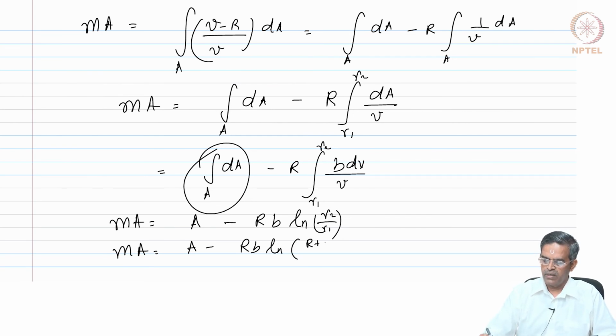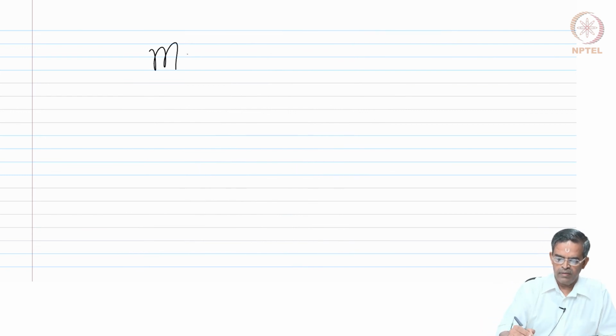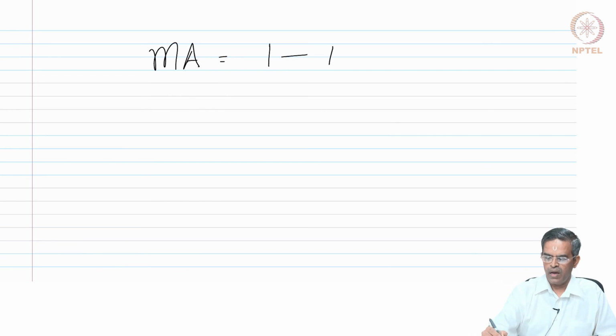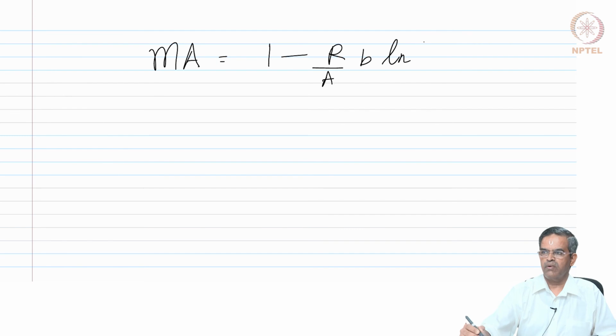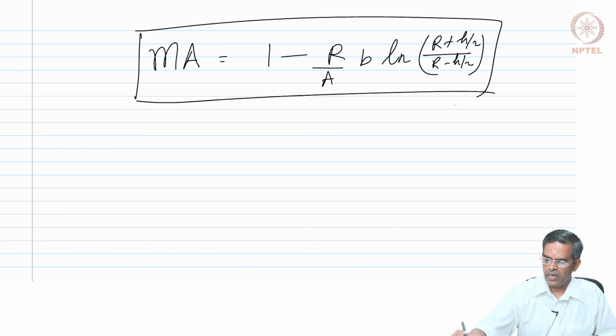It is R plus H by 2, and R1 is R minus H by 2. Can I say that? So now I can write MA for a rectangular section as 1 minus R by A times b times the natural logarithm of (R plus H by 2) by (R minus H by 2). This is for a rectangular section.